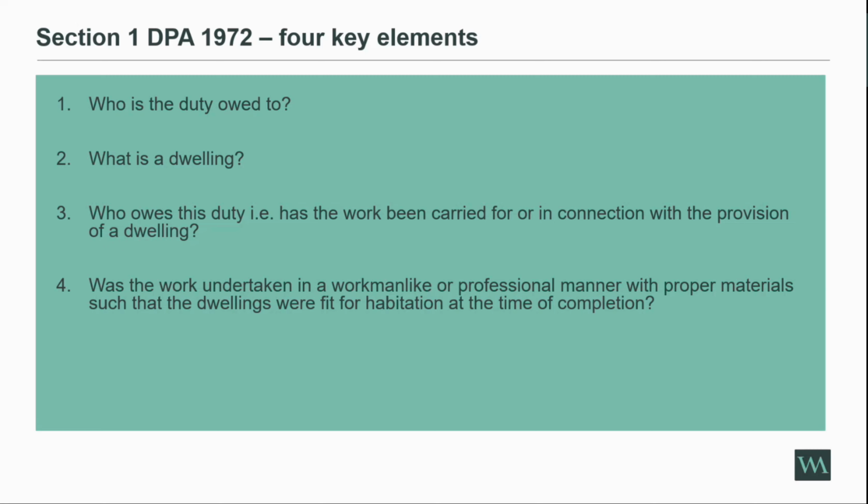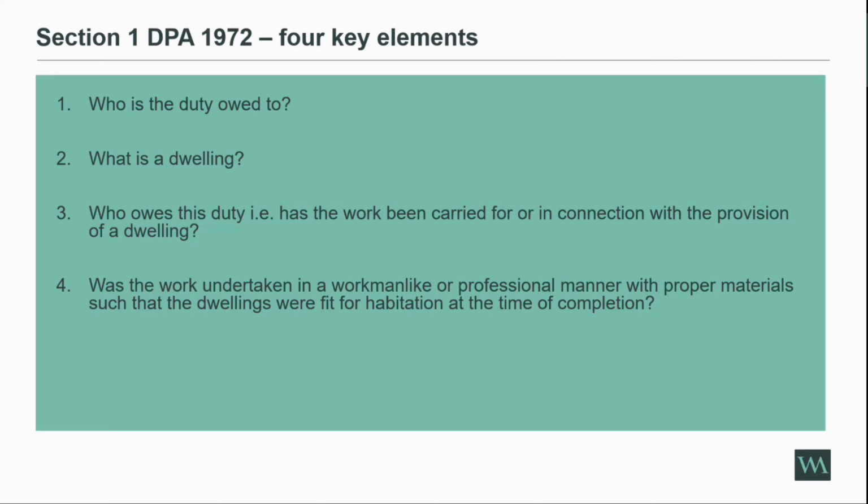But the test, which also came from the Rendlesham case, is that on completion, the dwelling must be capable of occupation for a reasonable time without risk to the health and safety of occupants and without non-trivial inconvenience or discomfort.